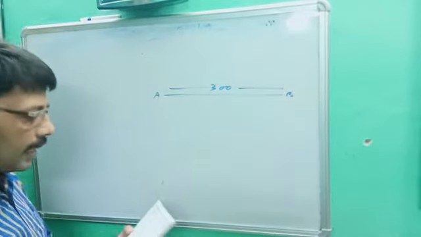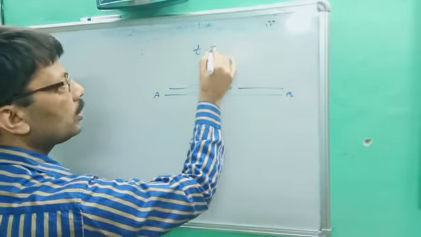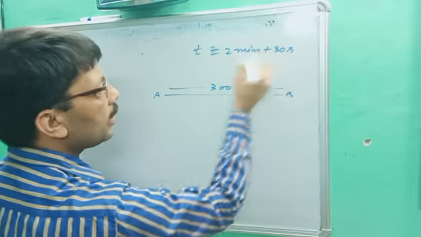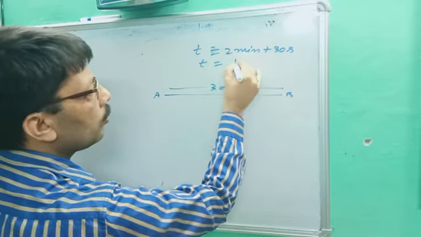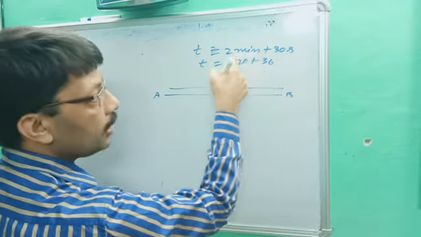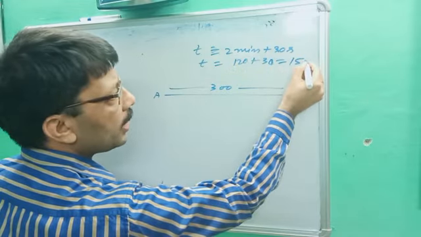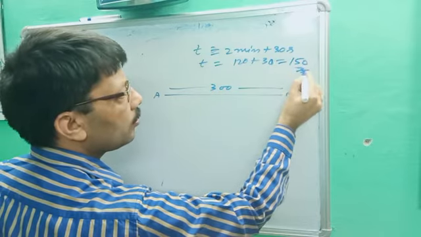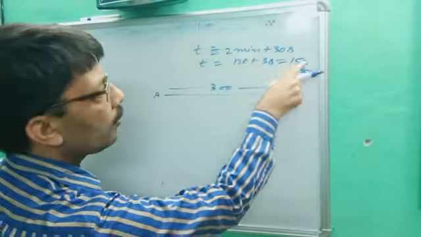He takes 2 minutes 30 seconds total time. 2 minutes means 120 seconds, so 120 plus 30. The minutes are converted into seconds, plus 30 seconds. So the total time taken by him is 150 seconds. He went from A to B and took 150 seconds.